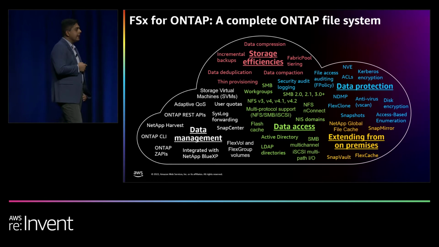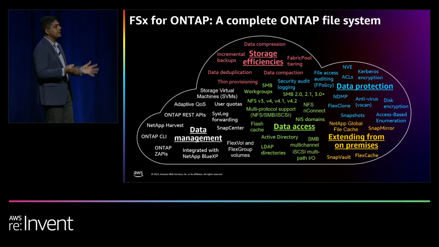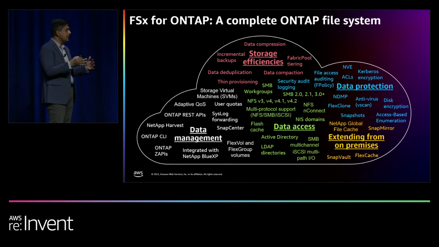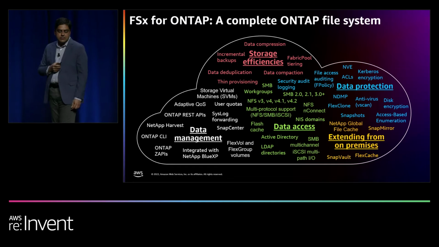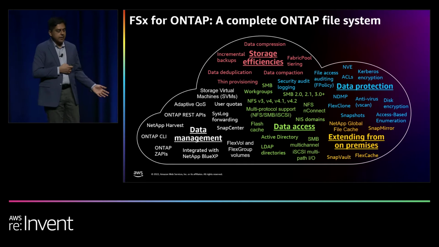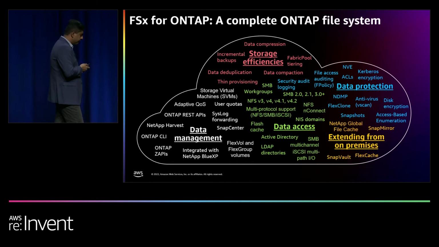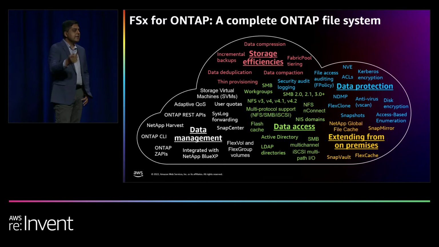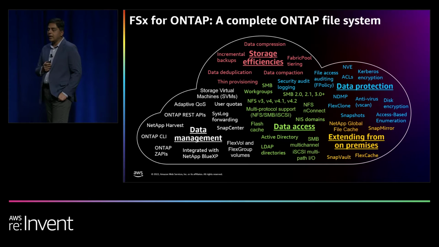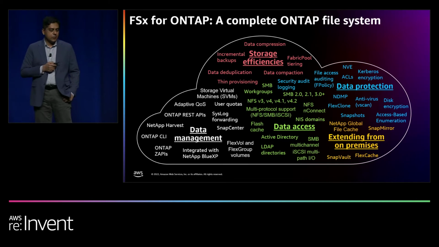And then finally, there's a whole set of capabilities that ONTAP provides to run your deployments across different environments. Let's say, for example, extending from on-premises over to the cloud, or running your deployment across multiple regions using features like SnapMirror, FlexCache, and so on. We just wanted to give you a sense of what we mean by complete support of capabilities. So that's the purpose of this word cloud here.